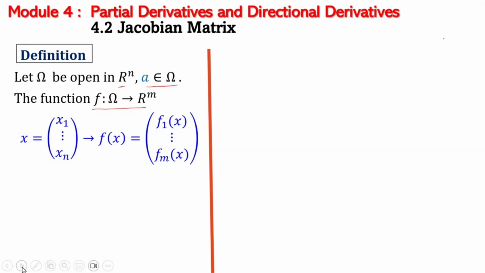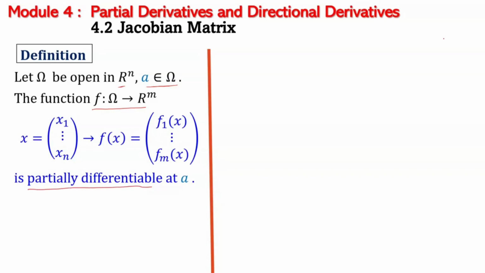So we consider such functions that are partially differentiable at the point A. This function f should be partially differentiable at the point A, which means all the first order partial derivatives should exist. Since we have n variables, x1, x2, ..., xn, we should have n partial derivatives for the function f.